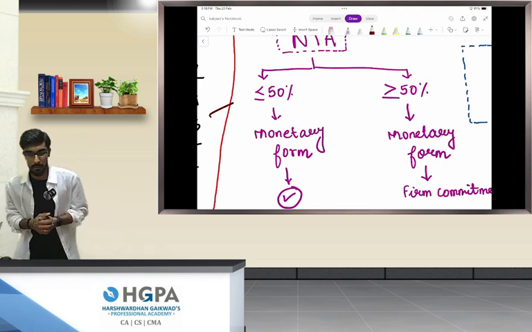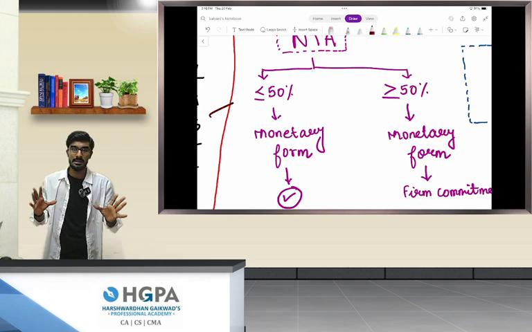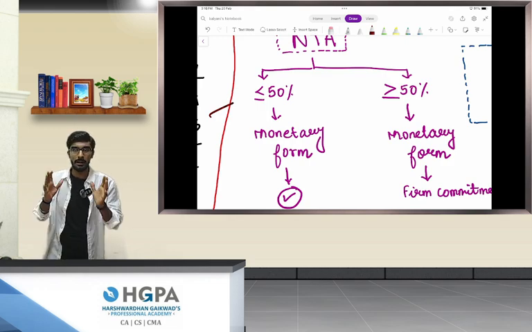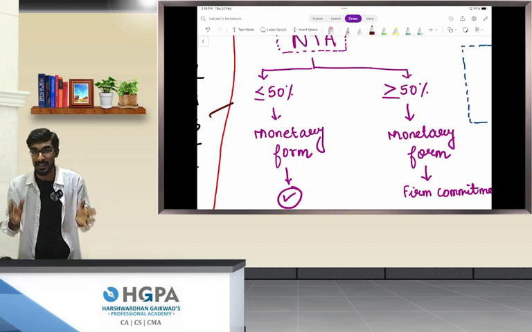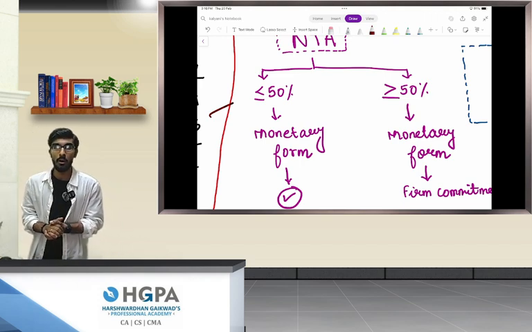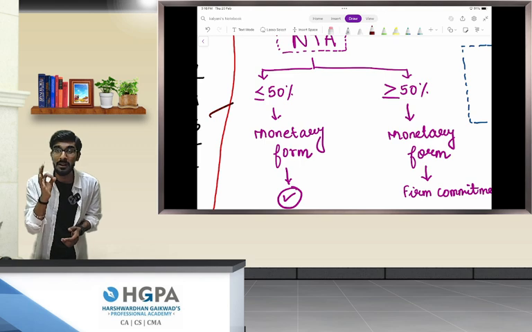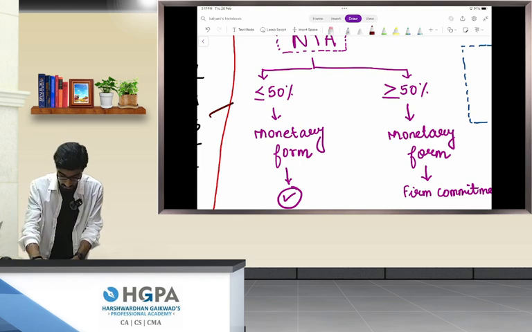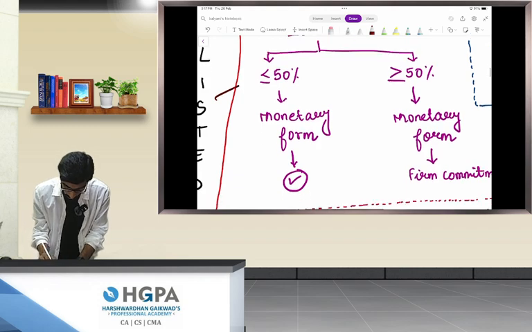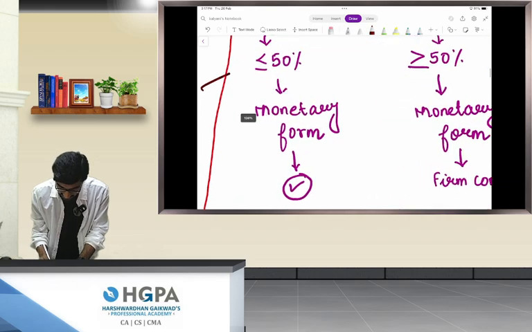People, let's say Lenskart has got 10 crores net tangible assets. Lenskart has got 10 crores net tangible assets. Now, it should not have more than 50% of the net tangible assets in monetary form.